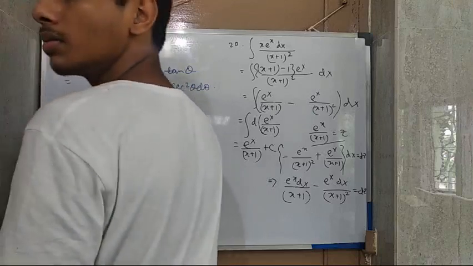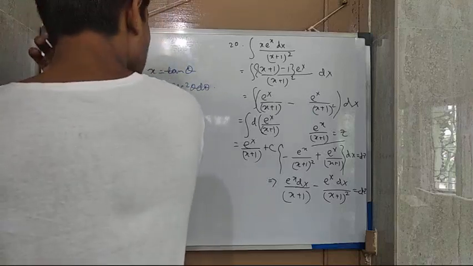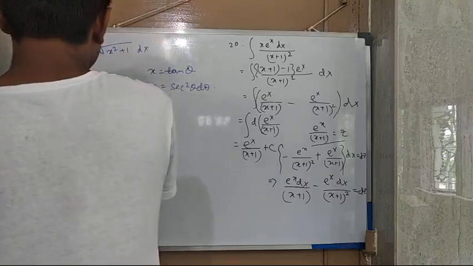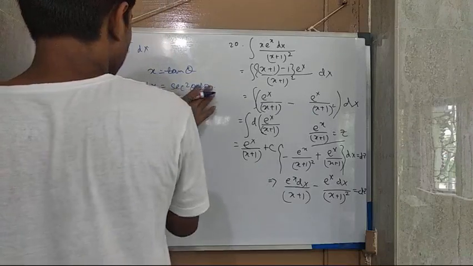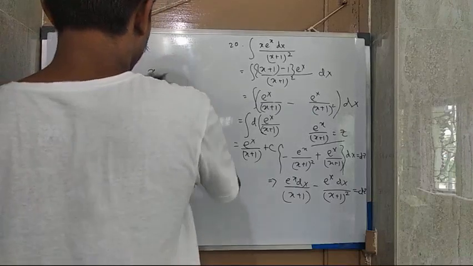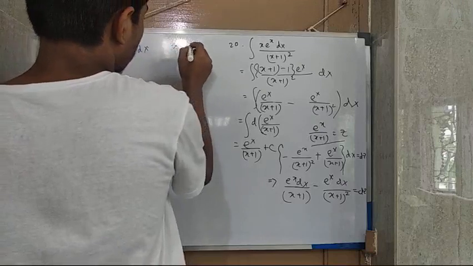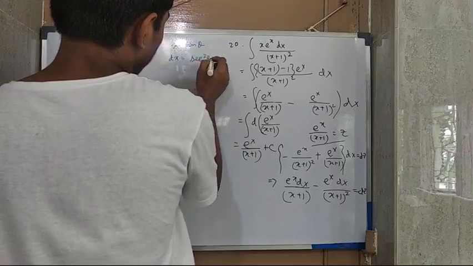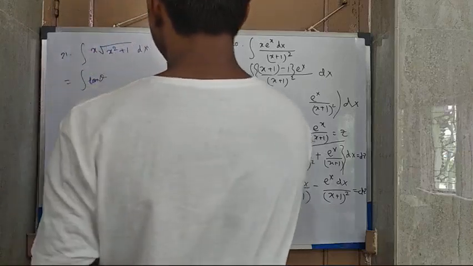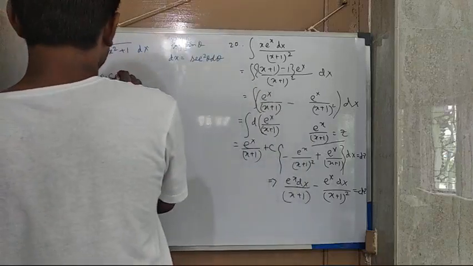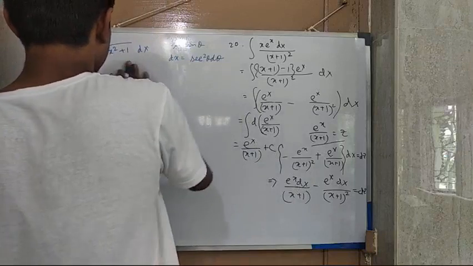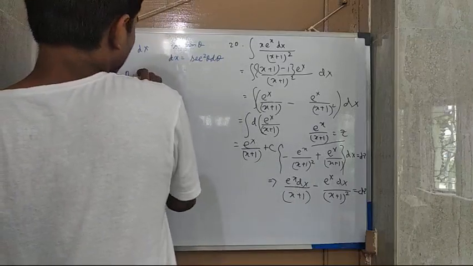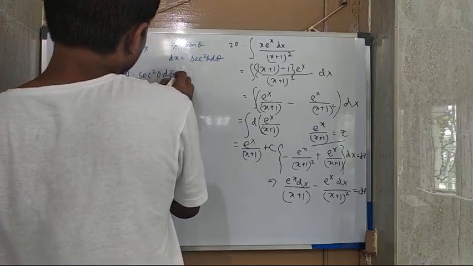So this becomes tan theta times sec theta times sec squared theta d theta.